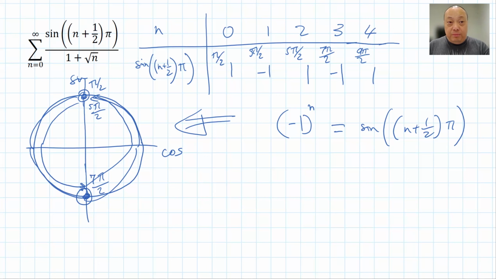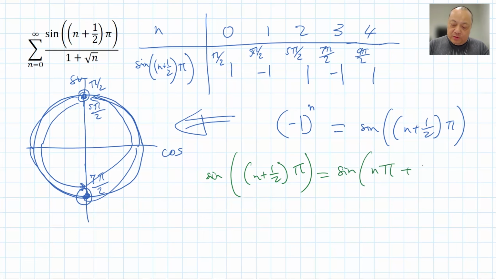Another way to do the same thing is to work out the expression inside the sine. So I have sine of n plus 1/2 times pi. I multiply this out, I get sine of n pi plus 1/2 pi. And I rewrite in the form that's familiar to me from trig class.